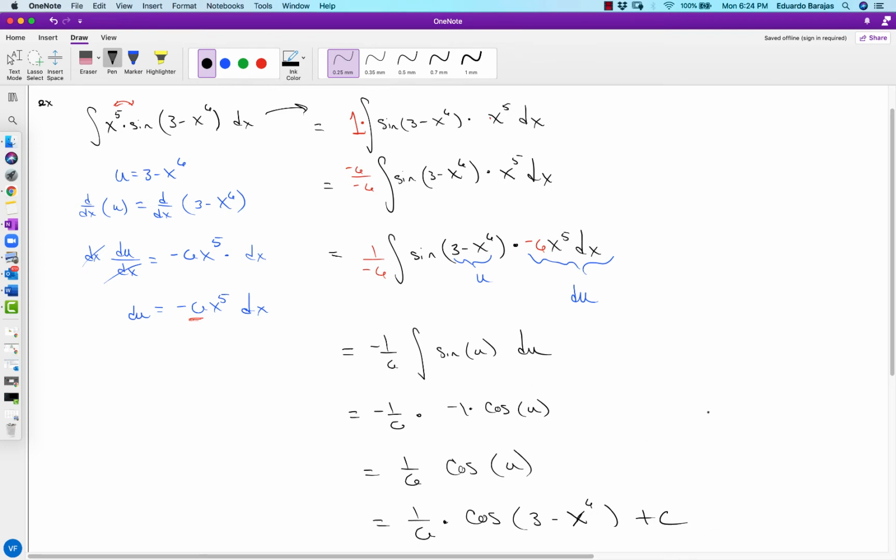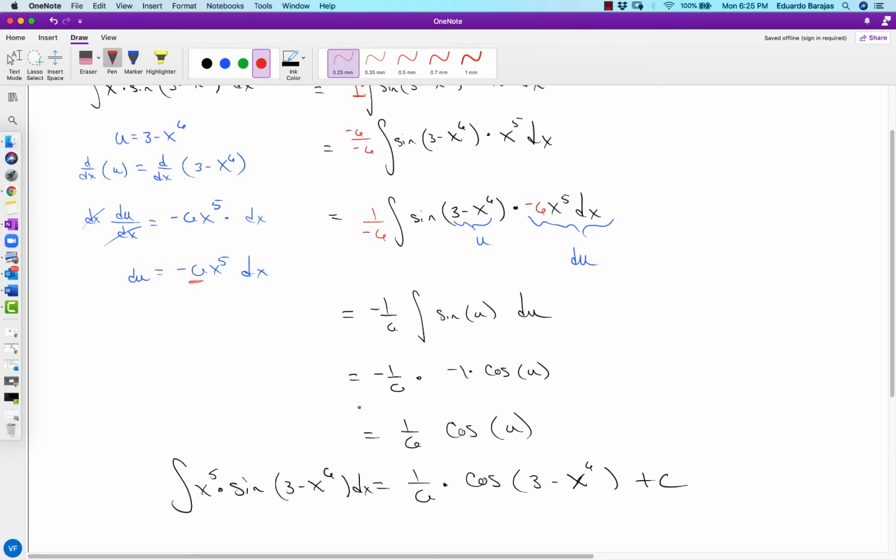Okay, so just to put it all together, the integral of x to the 5th power times sine of 3 minus x to the 6th power dx equals this. That'll be my final answer.